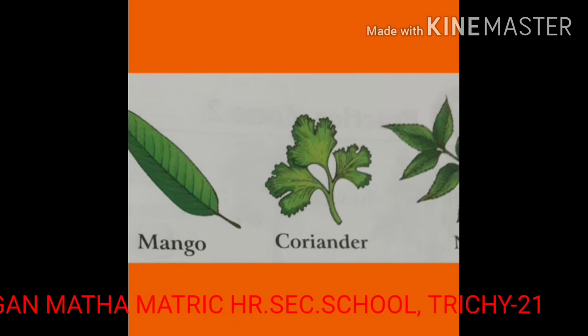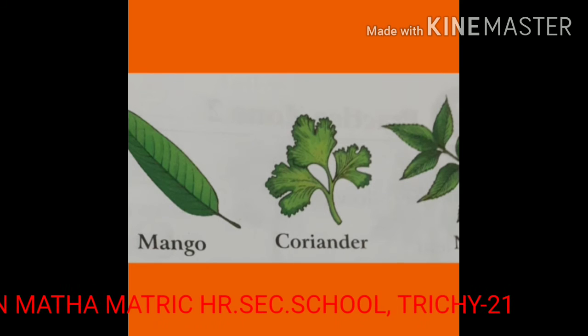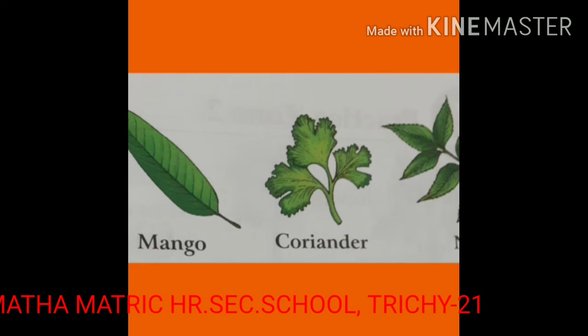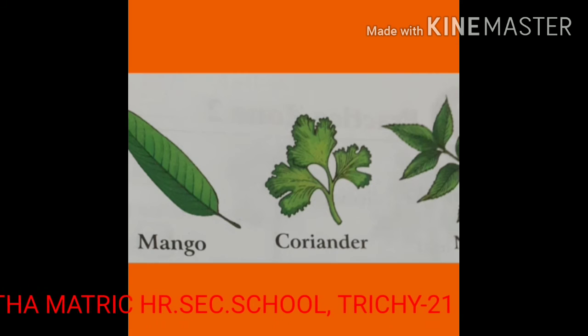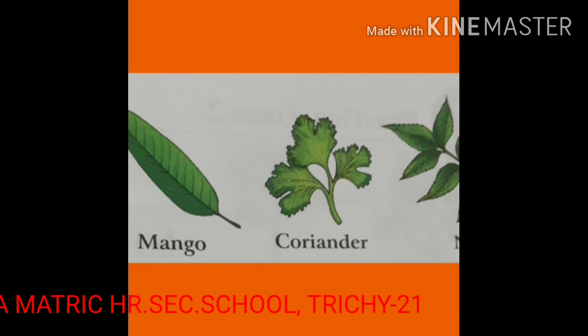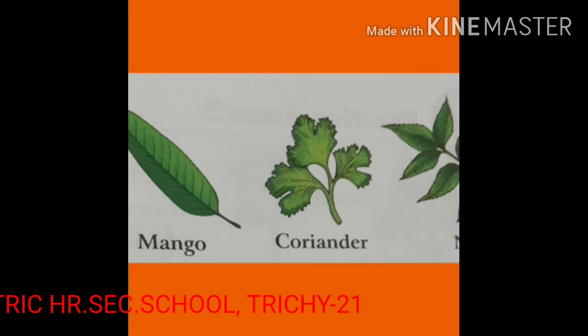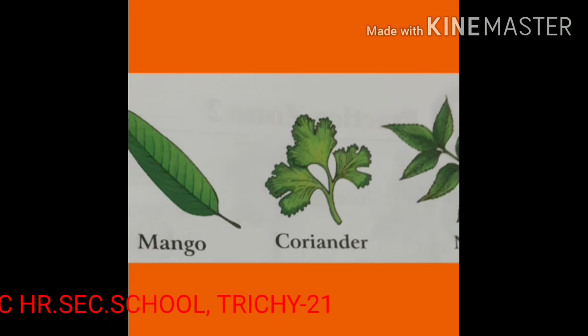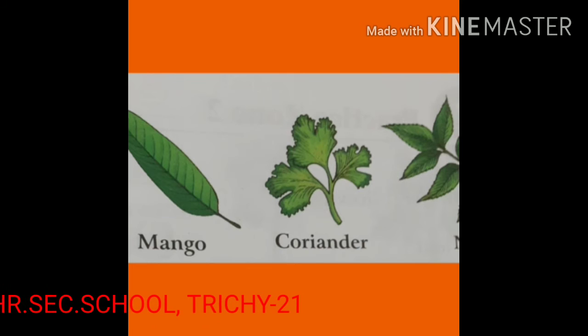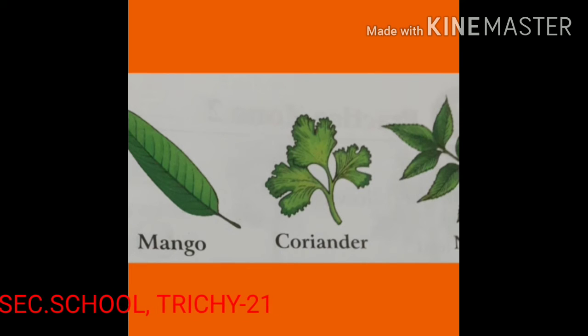Children, plant leaves help to sustain life on earth as they generate food for both plant and animal life. The leaf is the site of photosynthesis in plants. Photosynthesis is the process of absorbing energy from sunlight and using it to produce food in the form of sugars.